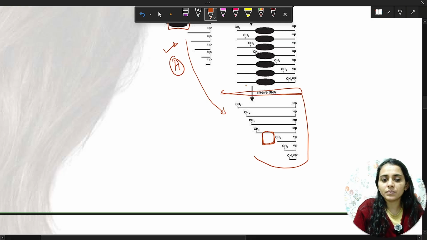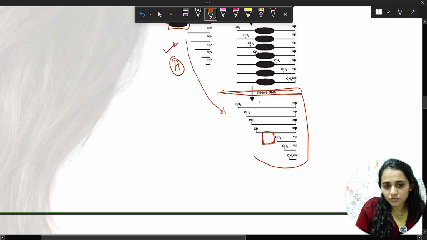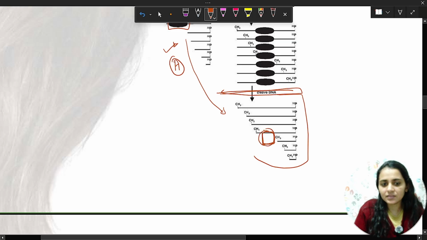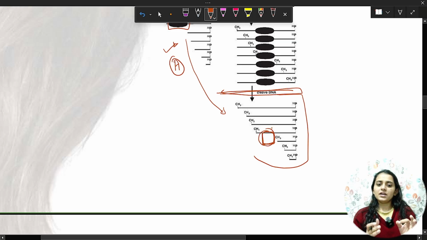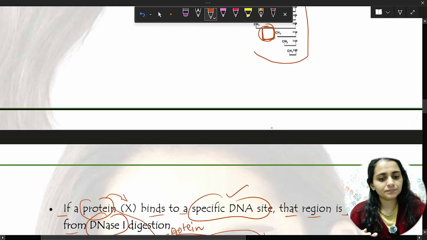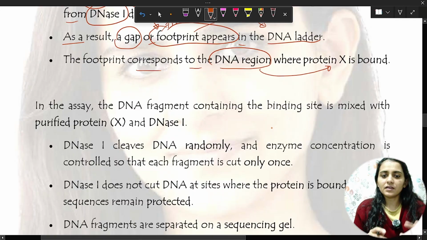That position does not participate in the ladder formation, and we can see the gap where the DNA is not able to be cut. This is the story of protection.